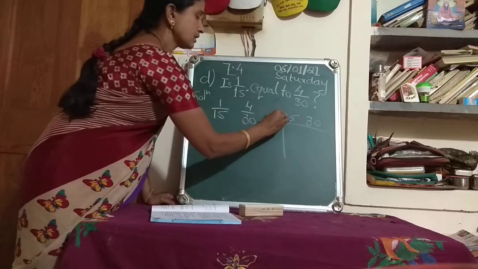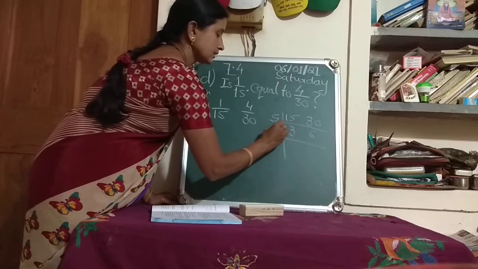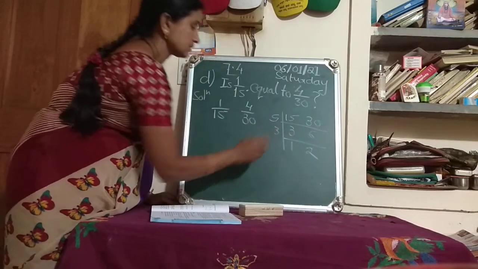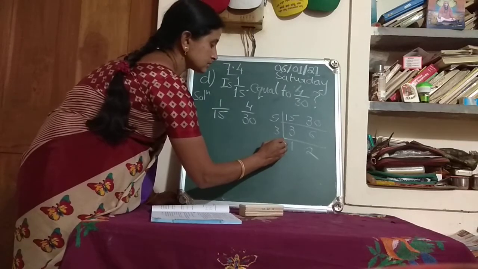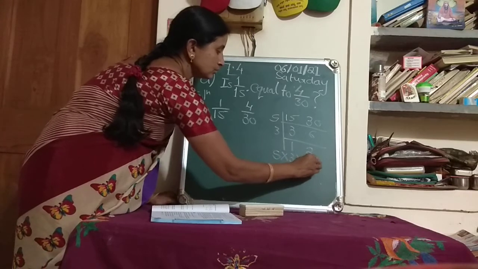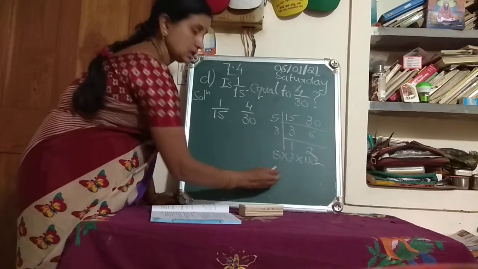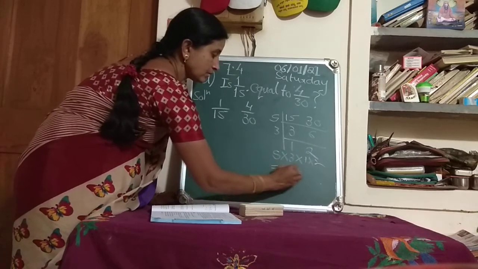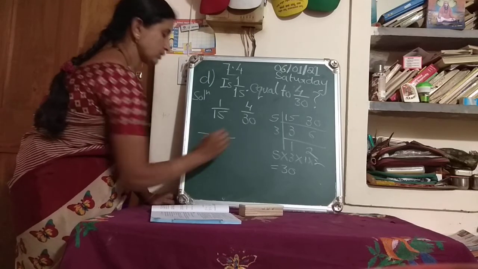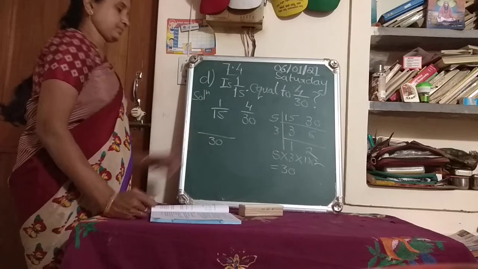The factors: 5 threes are 15, 5 sixes are 30, then 3 ones are 3, 3 twos are 6. Multiplying these factors, 5 into 3 into 1 into 2: 5 threes are 15, 15 ones are 15, 15 twos are 30. So 30 is the LCM of both denominators.